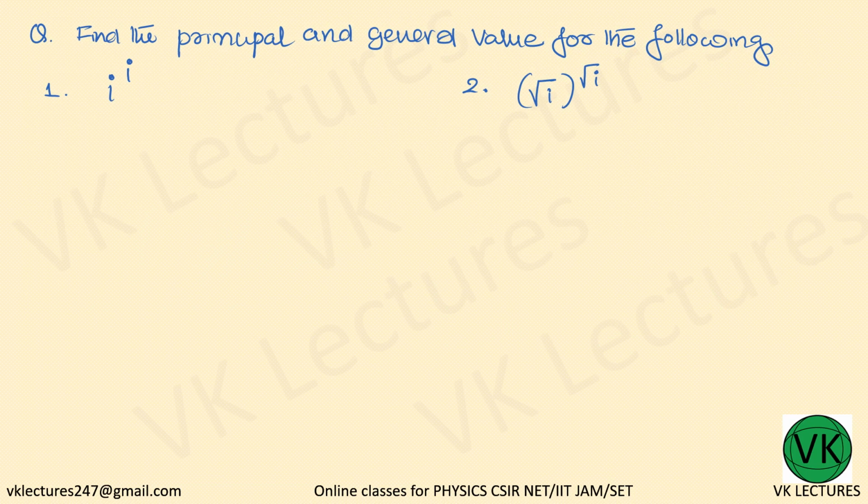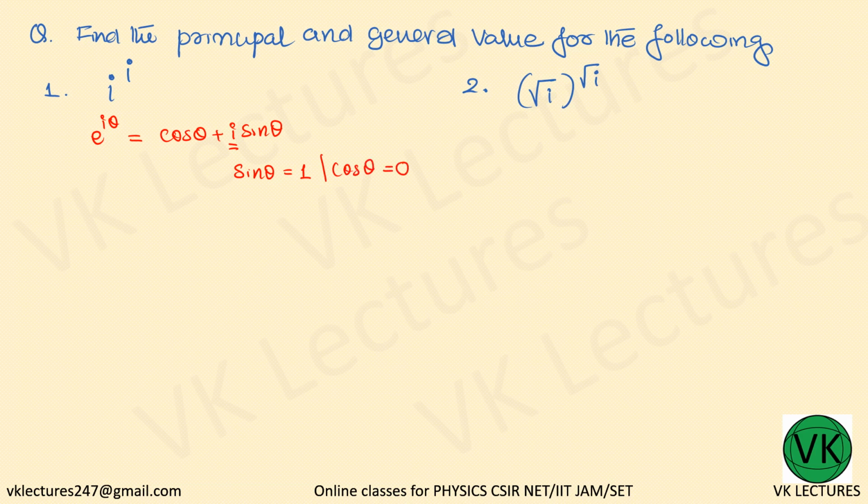Here we have the question: find the principal and general value for the following. First question is i to the power i. Now what is e to the power i theta? This is equal to cos theta plus i sin theta. Now I need i, so sin theta should be equal to 1 and cos theta should be equal to 0.